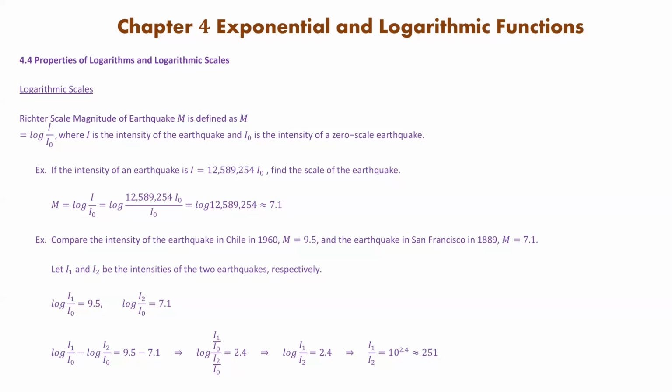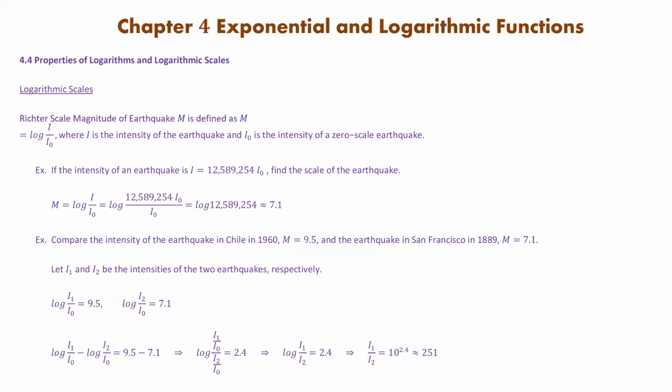It's the logarithm of I over I0, where I is the intensity of the earthquake, and I0 is the intensity of a zero scale earthquake. So you just measure the intensity of the earthquake and then compare with some standard intensity I0, okay? And then you divide those two intensities and take a logarithm, okay?